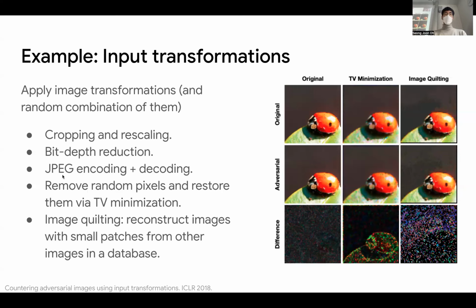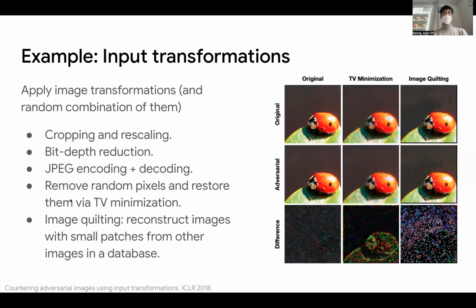You can also do JPEG encoding and then decoding, right? This is a typical transformation that's included in many image viewer software on computers. So it's a natural way to defend against adversarial perturbations.